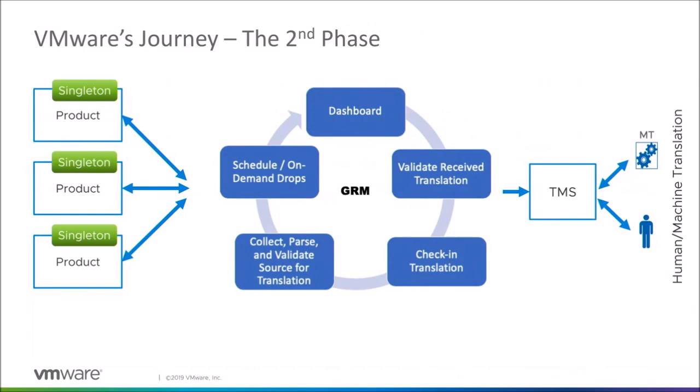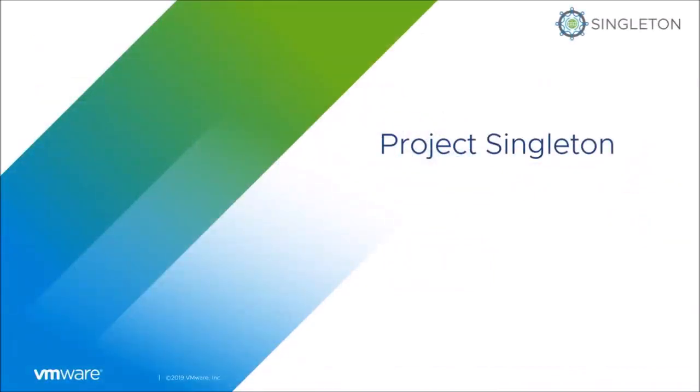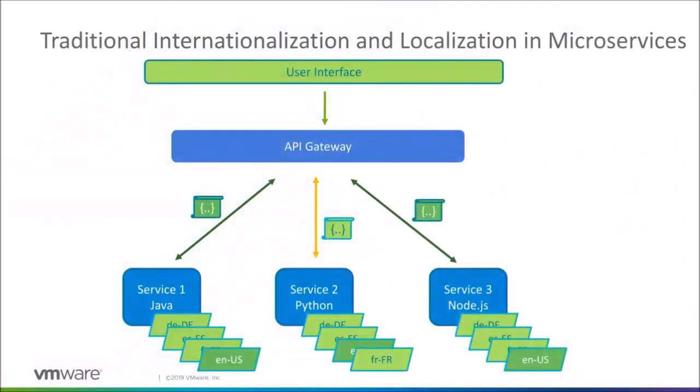This Singleton technology will deal with the product itself. So that will solve our first question, right? The product tells me what to translate, and then it translates it. That's basically what Singleton is.